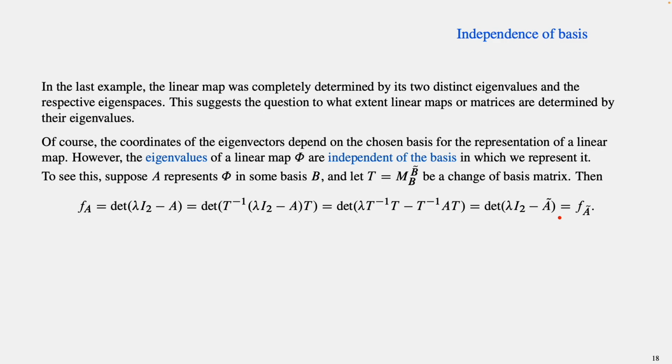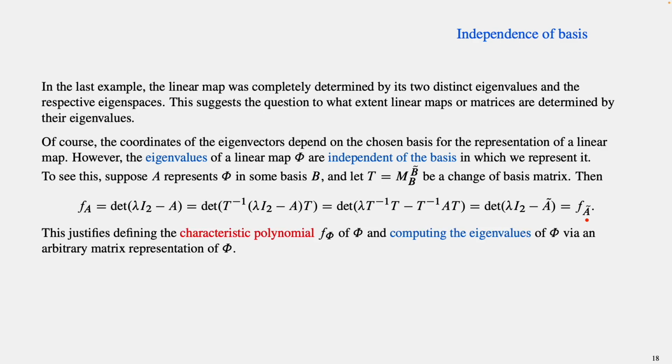So we see that the characteristic polynomial of the matrix A that represents phi in some basis B equals the characteristic polynomial of the matrix A tilde that represents phi in some other basis B tilde. And that holds for all possible bases. And that proves that the characteristic polynomial is indeed independent of the basis we choose to represent some linear map phi.